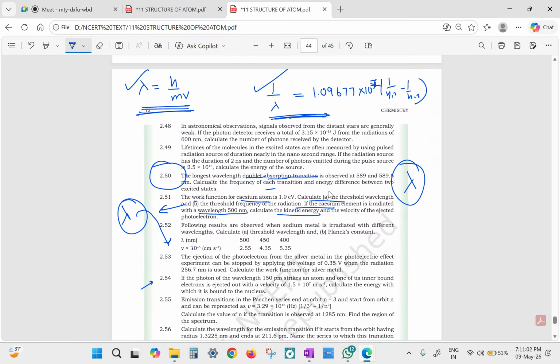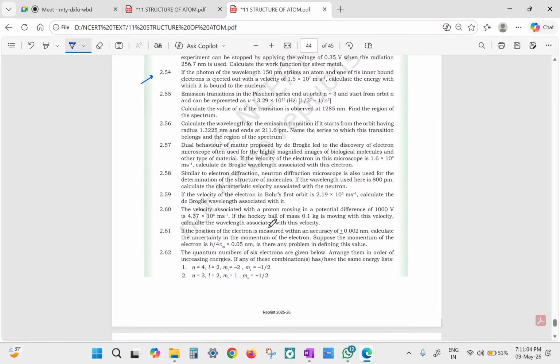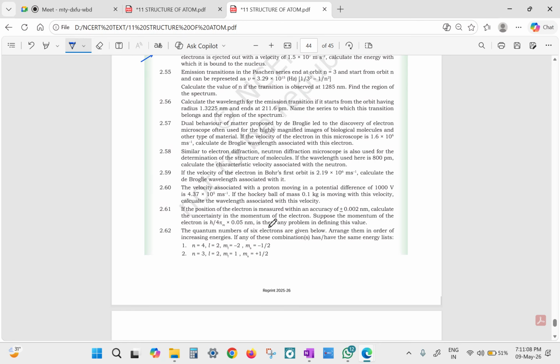I'll just spot one question related to this concept. See here, question number 2.60. Check this also. The velocity of an electron in the Bohr orbit is 2.19 into 10 to the power 6 meter per second. Calculate its wavelength.